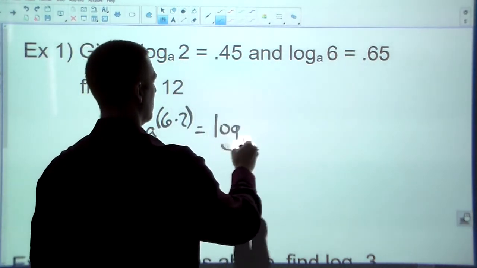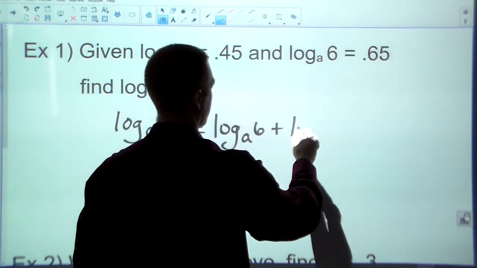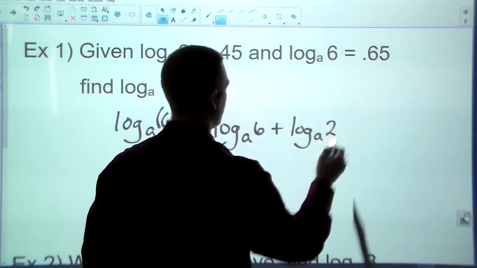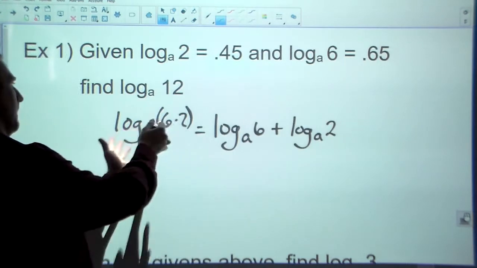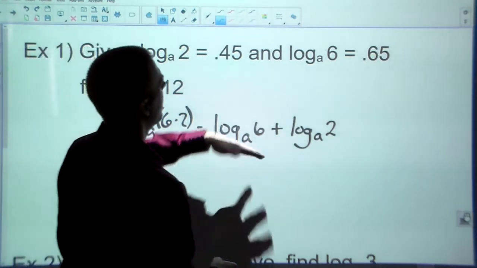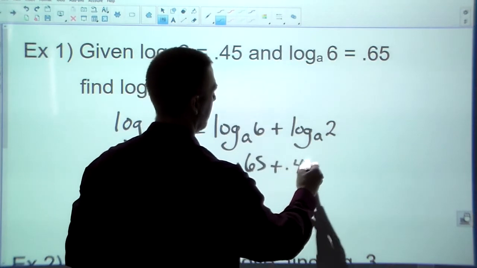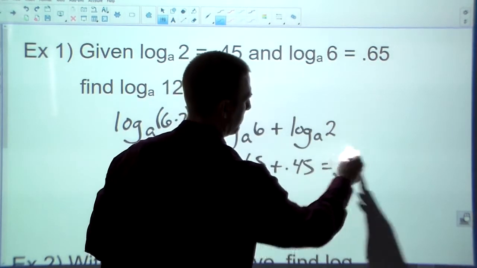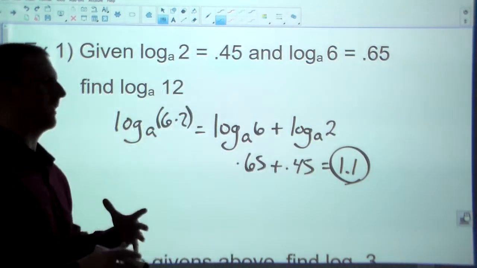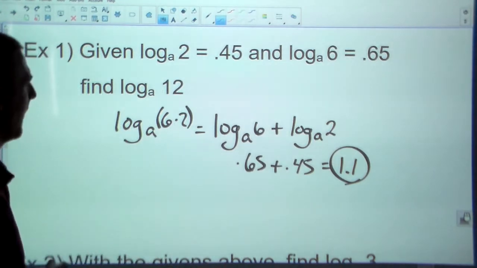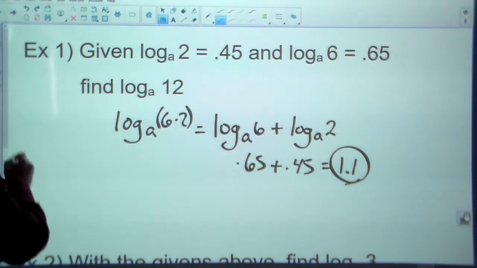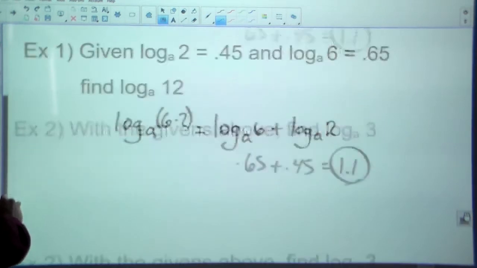And by the rules, log base a of 6 plus log base a of 2 would be the same thing as that. And then you plug in your numbers. 0.65 plus 0.45, we get 1.1. So it's just making you think about this by hand without using a calculator. That's really what they're trying to emphasize here.